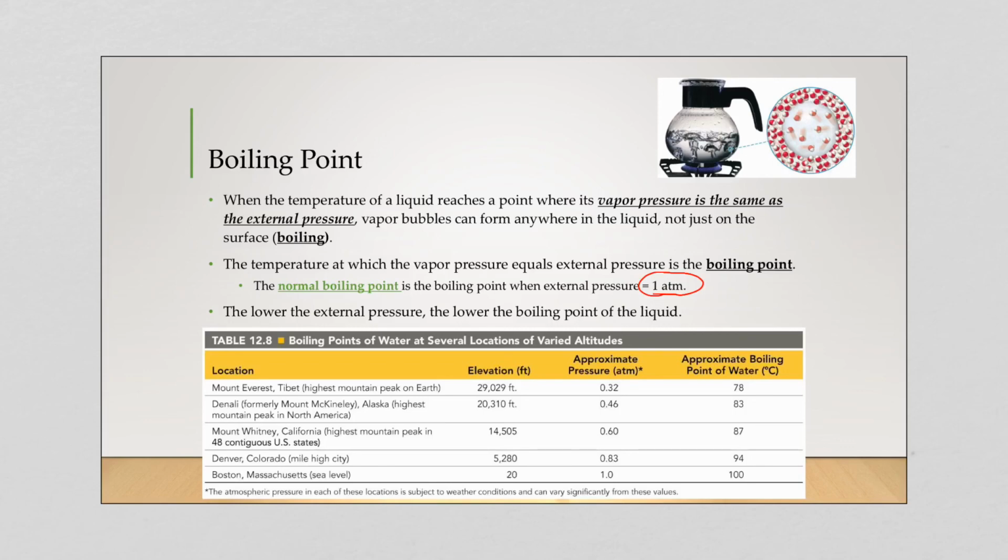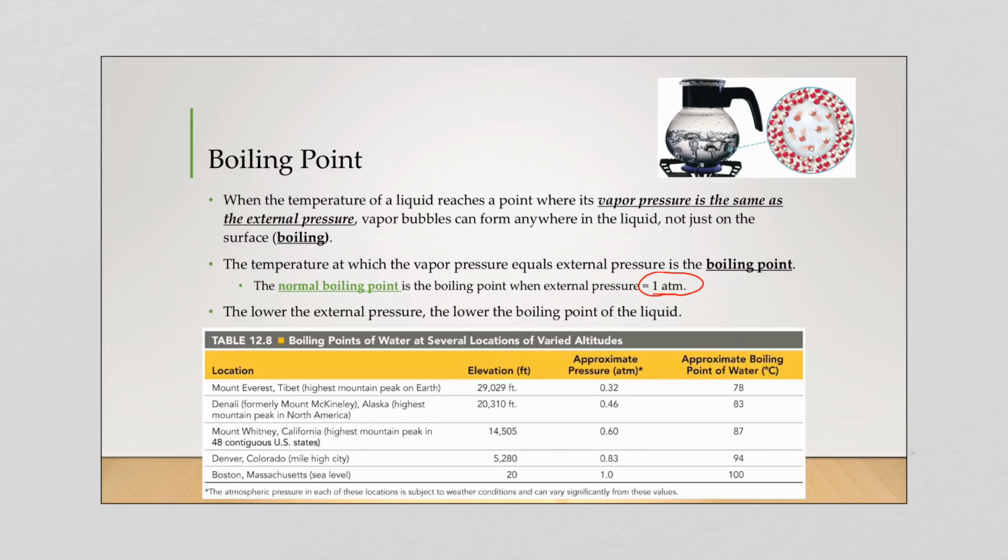So for a quick example here, we see water boiling at essentially sea level, right? This is where normal is, right? 100 degrees. Elevation is about 1 atmosphere. If we go up and up and up, say up to Denver, a mile high in altitude, external pressure is now about 80% of normal.